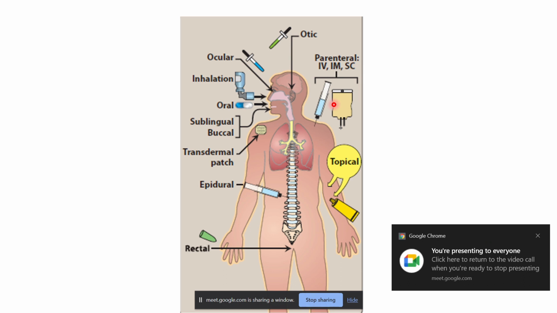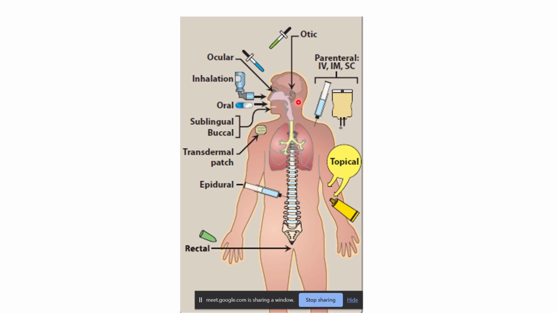And also the otic way is used as drops to treat diseases of the ear, usually the inner ear, because it will not be absorbed into the blood, but will make a local action in the ear.